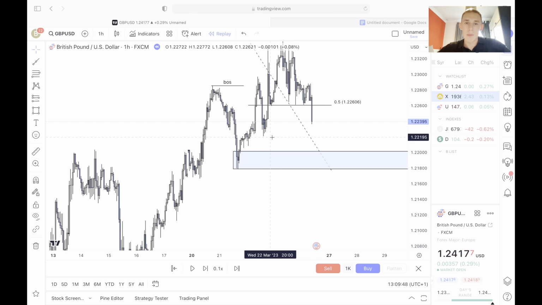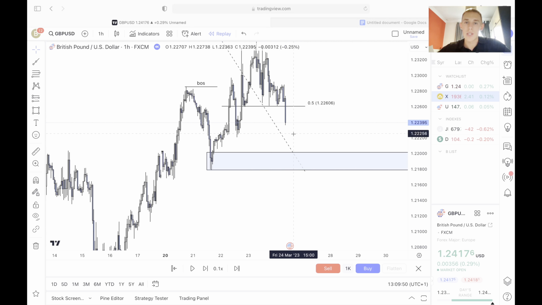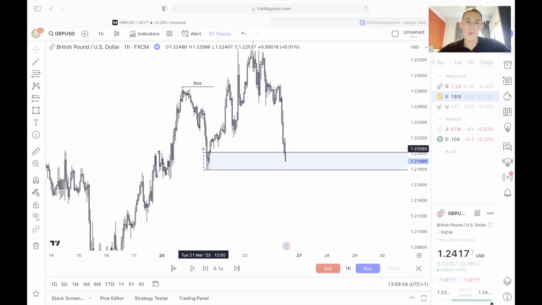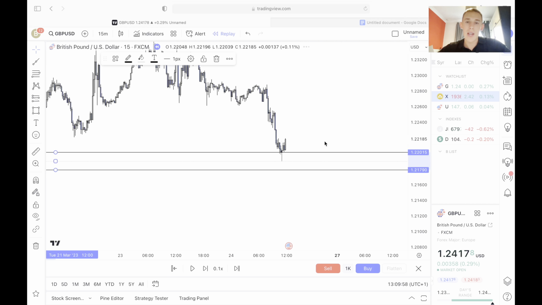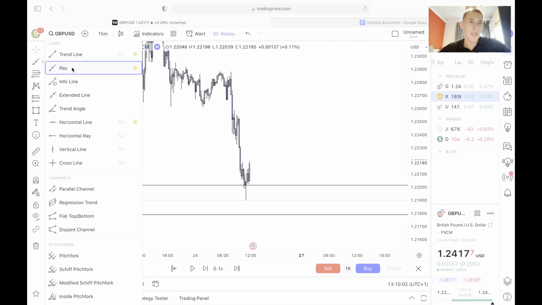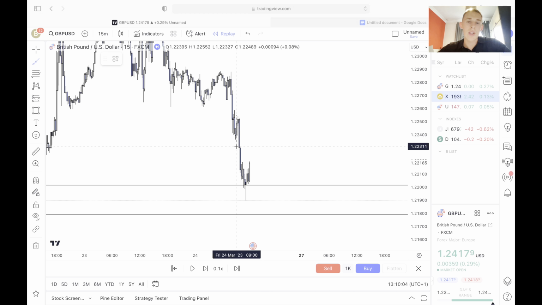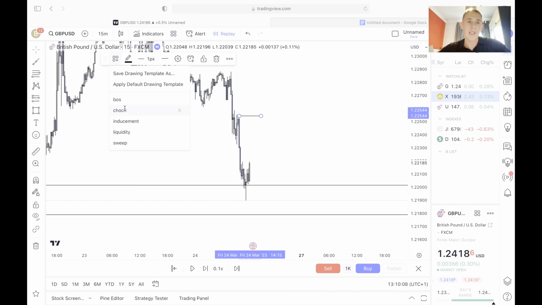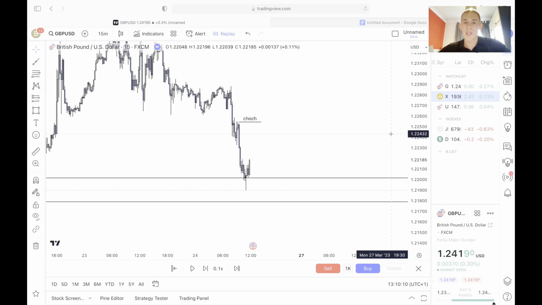All of these levels above are just liquidity, so I wouldn't look to enter on those. We wait for price to come into the level. And then again, we wait for that lower time frame entry confirmation. So in this case, the most recent 15-minute lower high is this level here. So that's where we need to see price break above before considering buys.